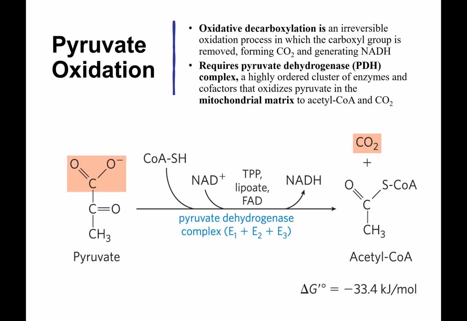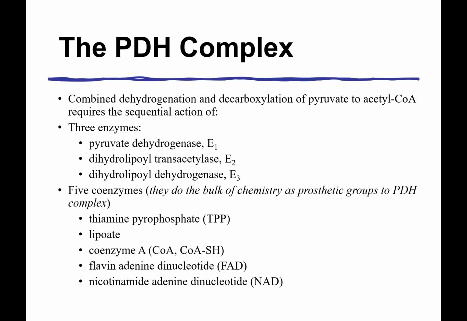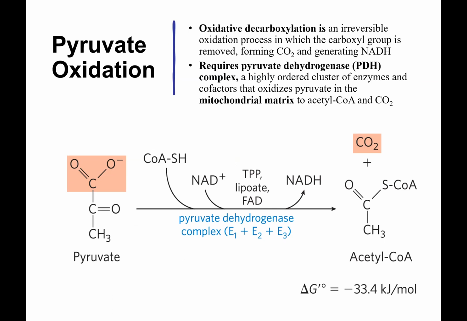That's what happened in the first step of making ethanol under anaerobic conditions. In this case, we're going again to remove this carboxyl group here, and it's going to end up being attached to coenzyme A. We're going to look at the structure of coenzyme A in a minute.